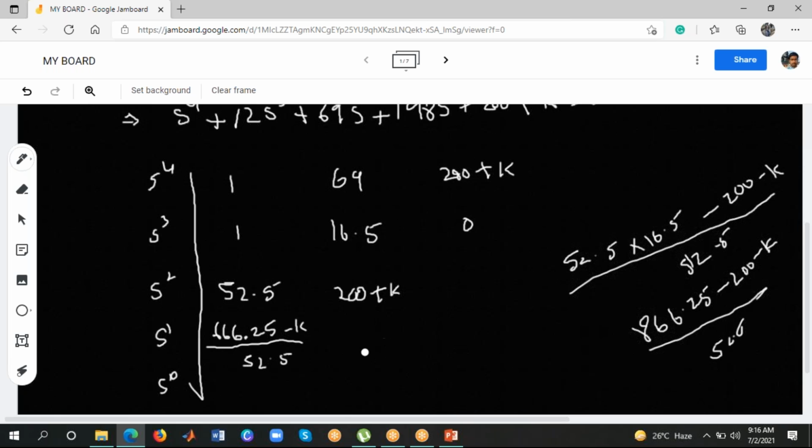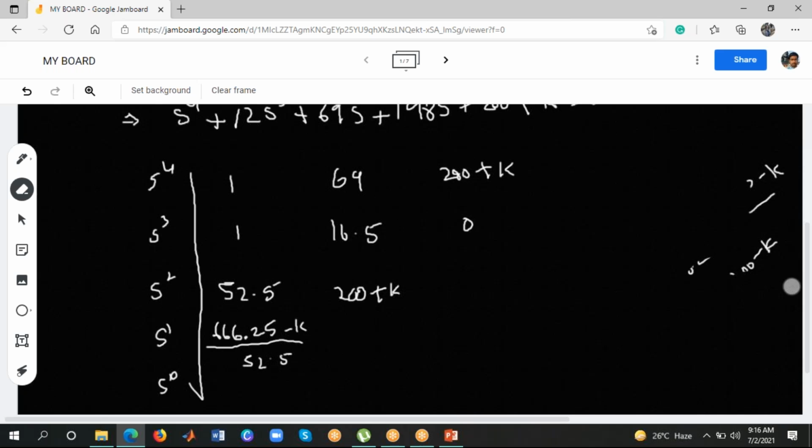And what is the value here? Second term in S1 row. So what comes here? This term here. What is the value you can apply here?